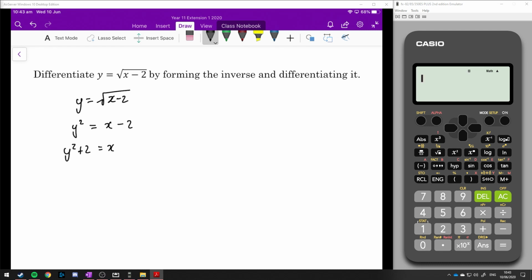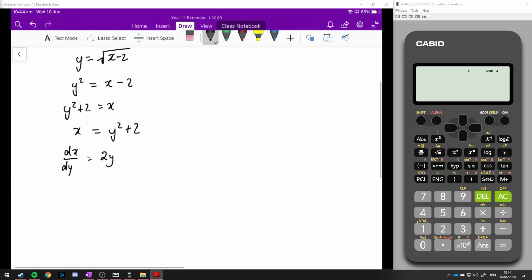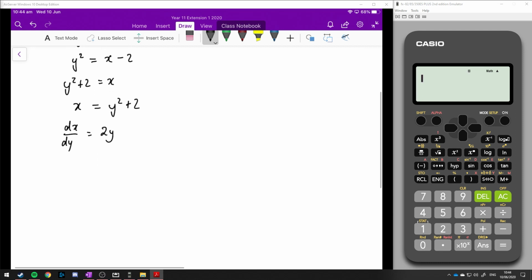Now what we're going to do is differentiate. So if x is equal to y squared plus 2, then dx/dy, so that is differentiating the x with respect to y, we're going to get 2y. Now we know that dx/dy is equal to 1 over dy/dx, the derivative of y with respect to x.